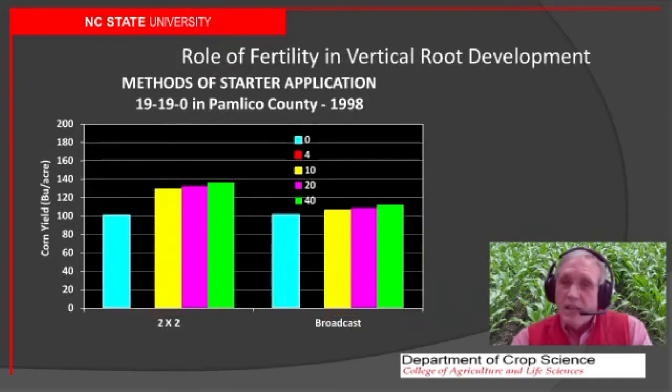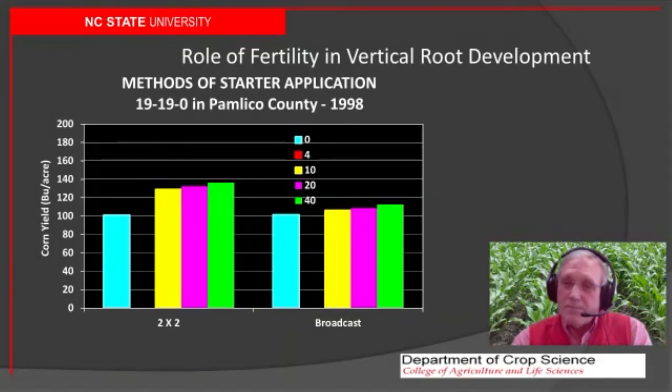Here's what the corn yield looked like under that test. The broadcast was really not significant. You can see we weren't looking at 200 bushel corn here, but in the 2x2 band, we were getting a 20, 30 bushel bounce with these different rates of starter fertilizer. I don't know what happened to my red bar there, but I think we had some harvest problems with one of these plots.